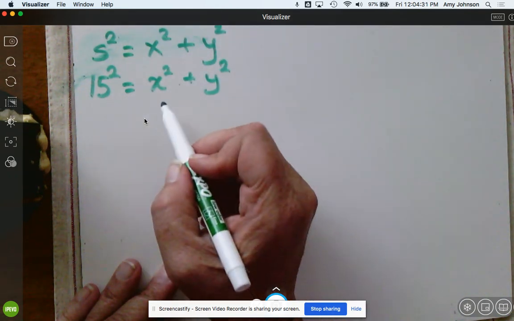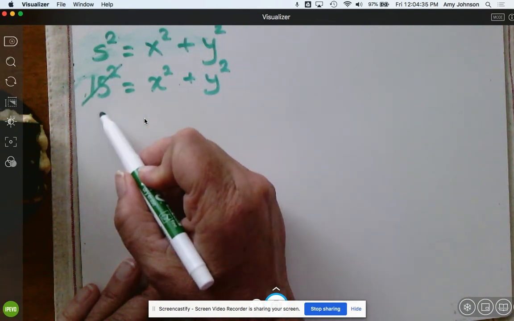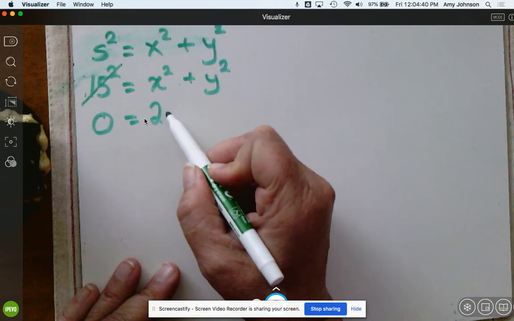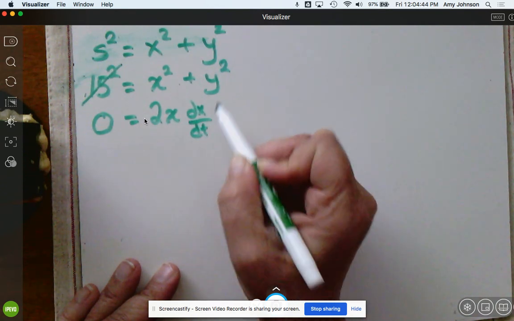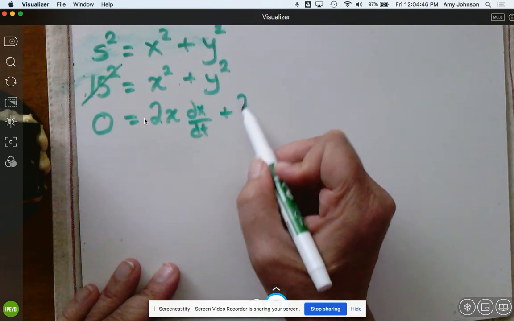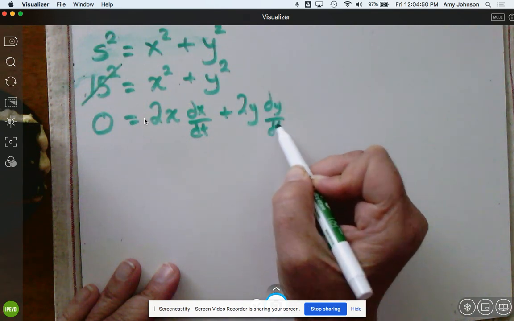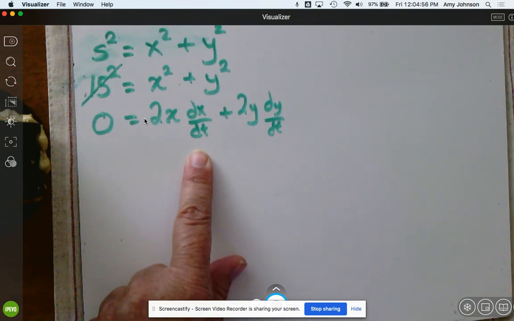And so I'm ready to take a derivative. This is going to have a derivative of 0 because it's a constant. So when I take my derivative, I get 2x dx dt plus 2y dy dt. Now, every now and then, a student says, hey, when we learned implicit differentiation, you said that we don't have to write dx dt.